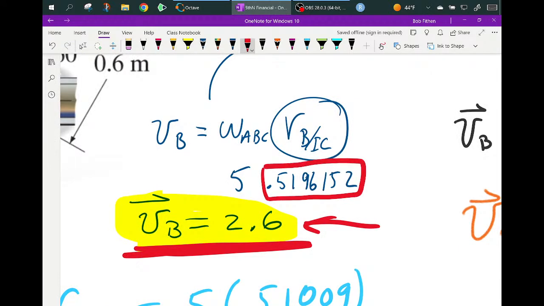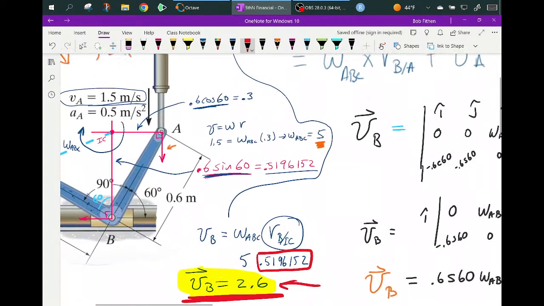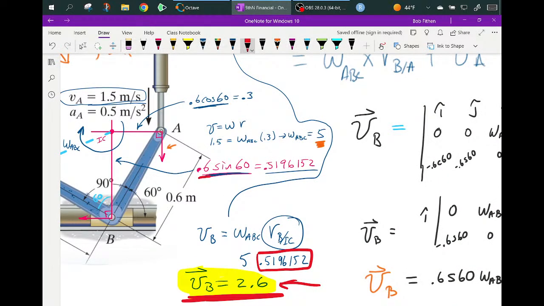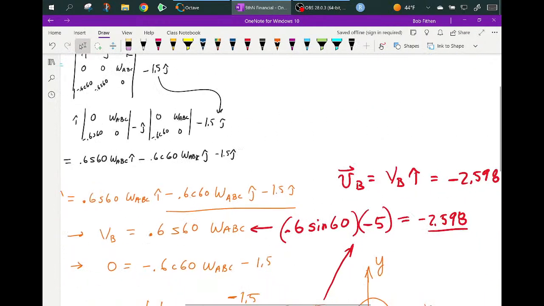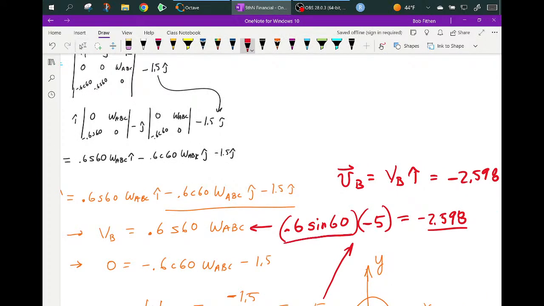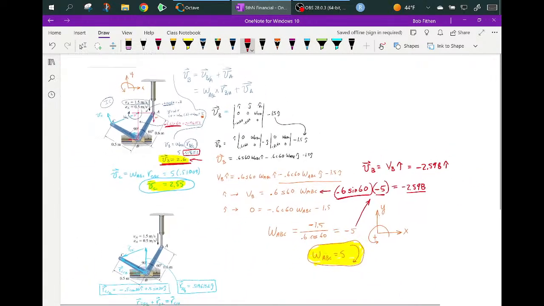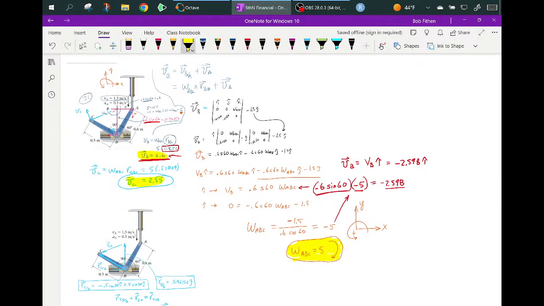Where did that come from last time? And that term came from 0.6 times the sine of 60, and 0.6 times the sine of 60, the same 5. So the equation is exactly the same. So I would consider that one to be a success as well.